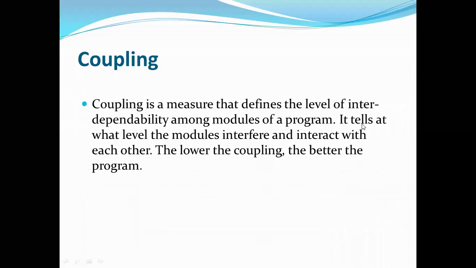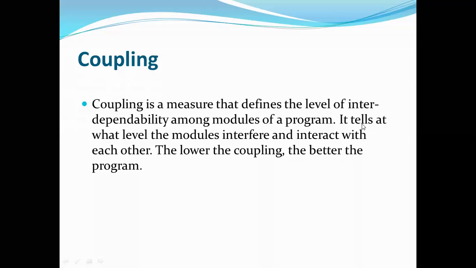Coupling is a measure that defines the level of interdependability among modules of a program. It tells what level modules interfere and interact with each other. The lower the coupling, the better the program is.